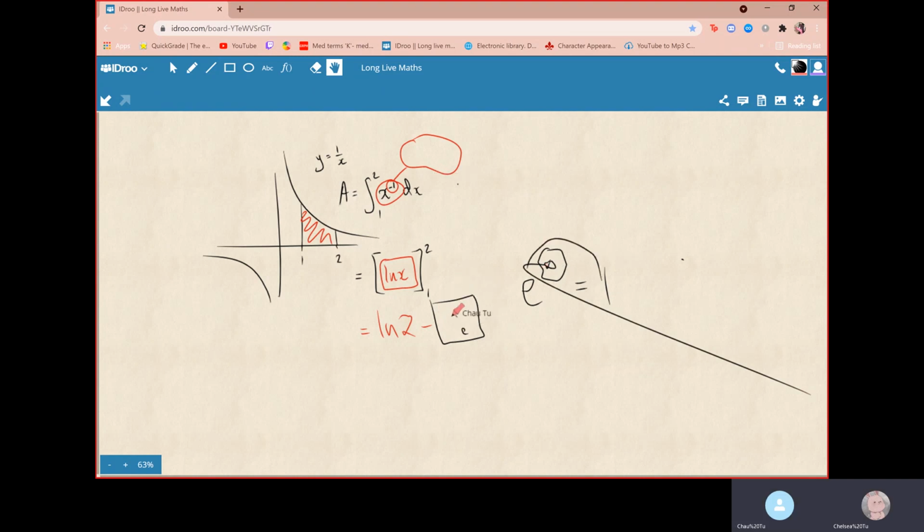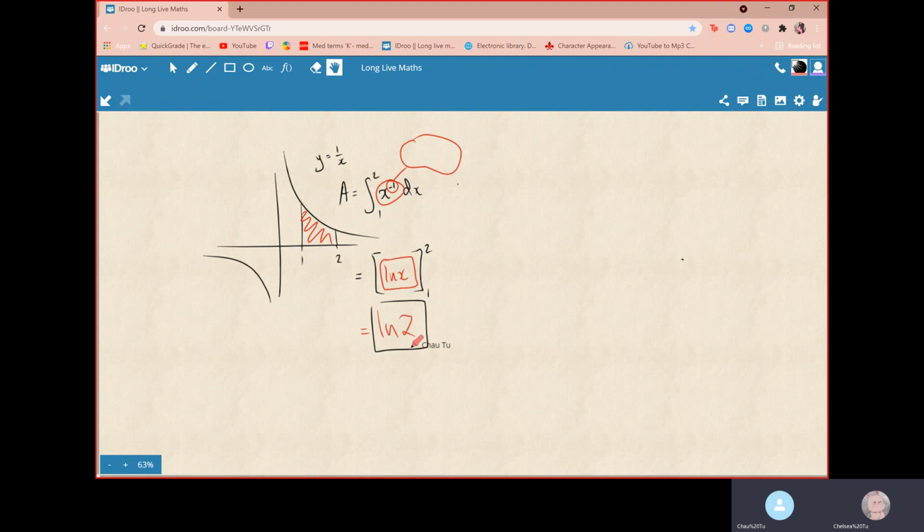So this is actually take away 0. Okay, Charles? And then this number here is just a number. Who cares what number that is? You can just punch it into a calculator. So that area there, Chelsea, is natural log of 2. Okay, Charles? Yeah.